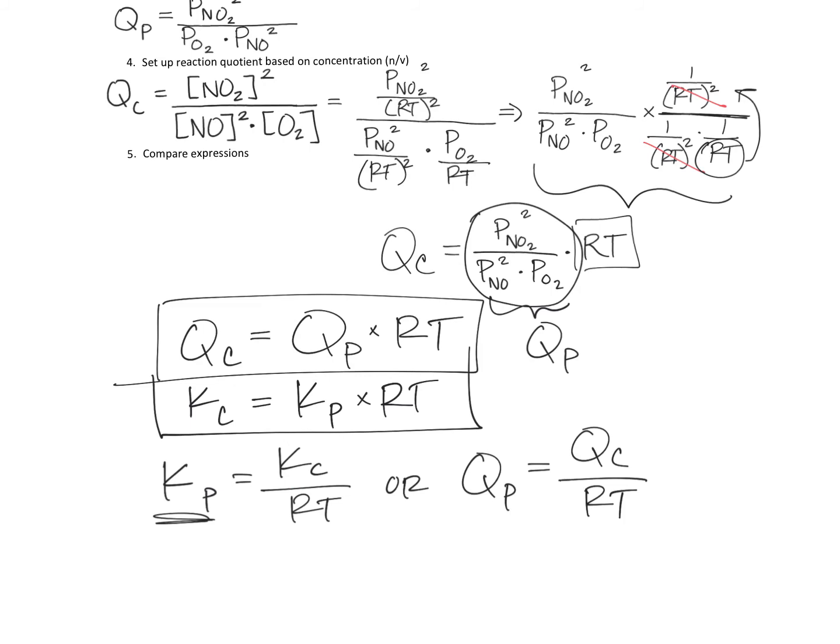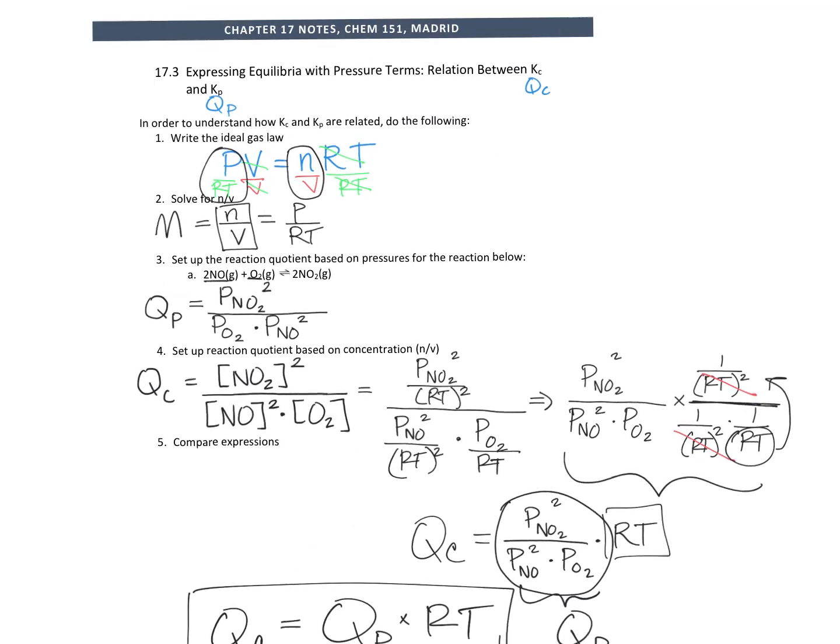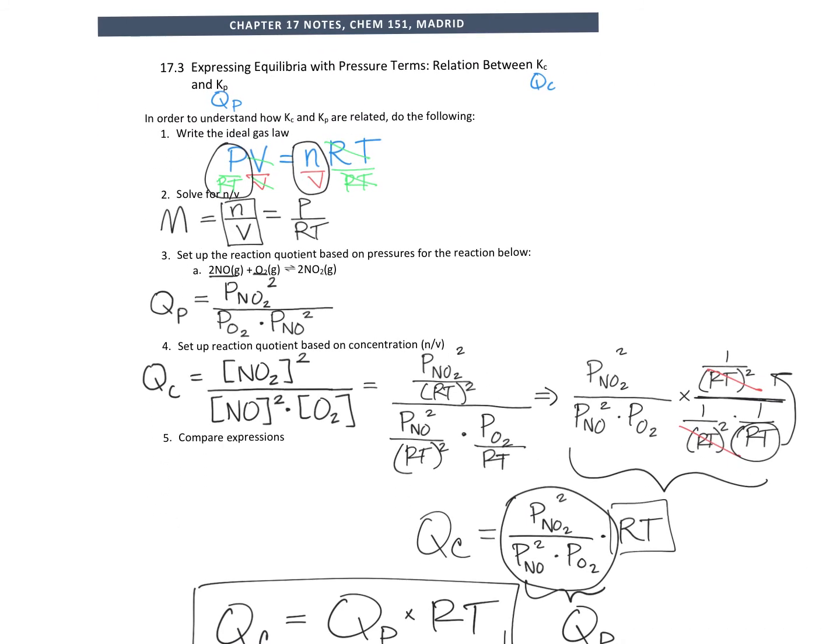So why is this the case? This is specific for this reaction. I'm going to give you a general relationship between Kp and Kc. The reason this worked out this way has to do with the balanced equation. Where is my balanced equation? Right here.